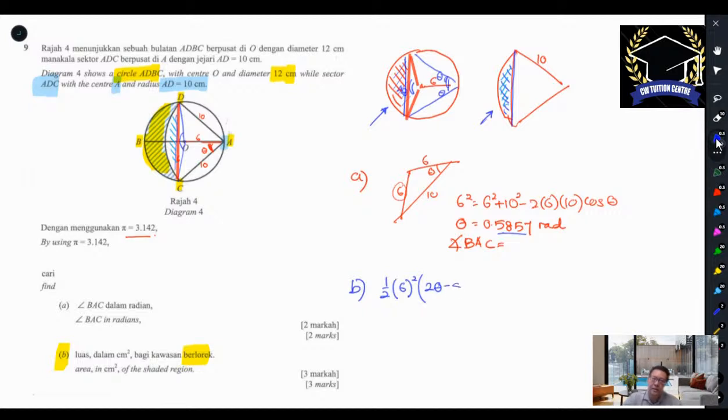Minus sine the 2 theta. Okay, that is the area of segment, half r square, angle minus sine angle. Okay, it's 4 theta, sorry. This one is, we are using this one. This is 2 theta. We are using 4 theta here.